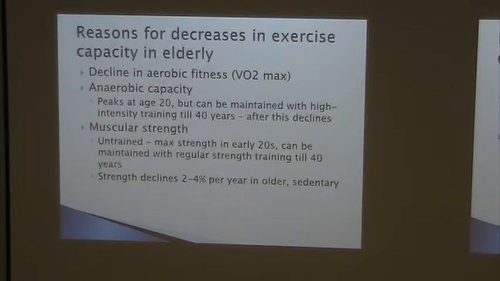Yes? Say you've been training for like 40 years, what happens after that? Why is your body eventually unable to continue training? Well, you tend to see a decrease in these things anyway as you get older. You can maintain it, they say, up until around age 40.